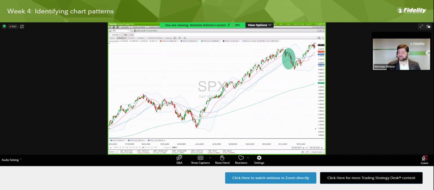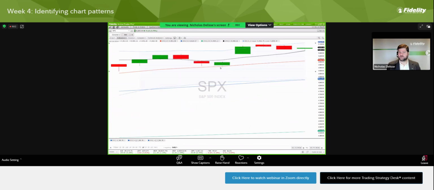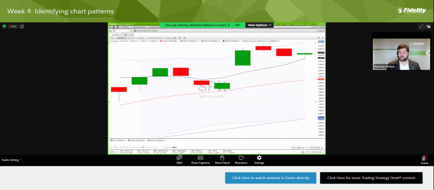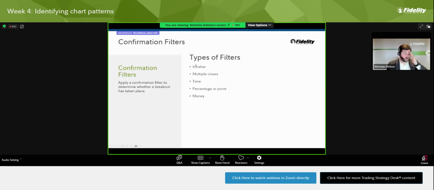Let's look at this right here. Here's a great example of that intraday basis. It opened here, and it did touch below this intraday. Would you have gotten out and then gotten back in as it came up above that? So these different filters and such. Now, one's not necessarily better than the other, but there are pros and cons.